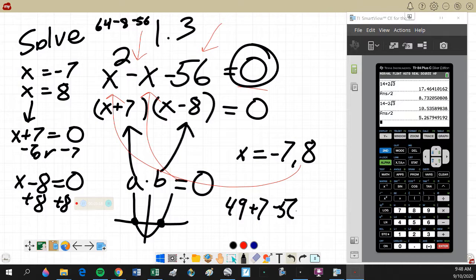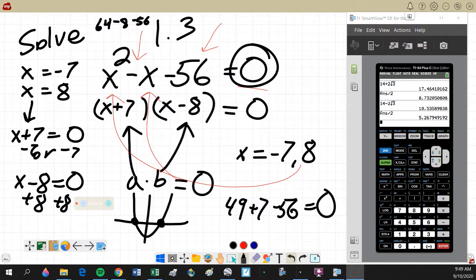Minus 56, that is 0. And it turns out those are the only two values that hit 0. So graphically, they are x-intercepts. We call them roots. And algebraically, those are the only two numbers that create a 0 when you plug them into the equation. Okay, does that make sense?